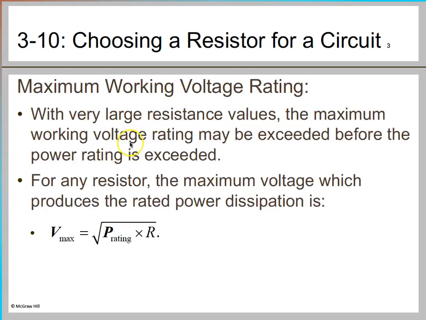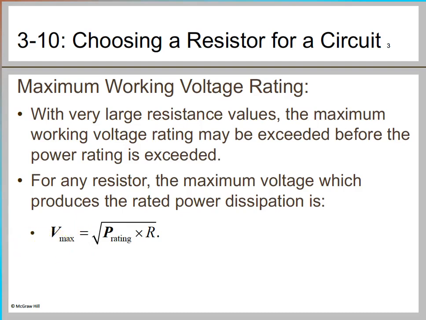Here the maximum working voltage rating is continued, and you see this formula. It has basically been formed from the same formula which I told you previously, which is P equals V squared by R, where P is the power, V is the voltage and R is the resistance. So it's derived from there. And V max in this formula is your maximum working voltage rating.